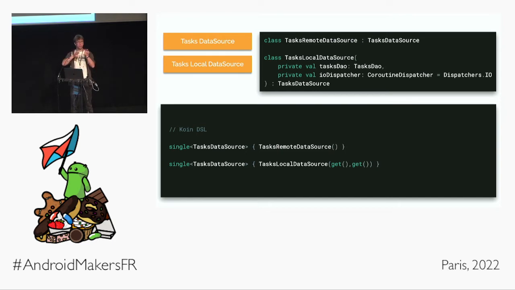The second one is resolving a dependency. But if you don't do anything else, Koin won't understand what kind of type you want to resolve when you are asking for the task data source type. Then you need to add a qualifier. It's just a label that helps you target the right instance for you.